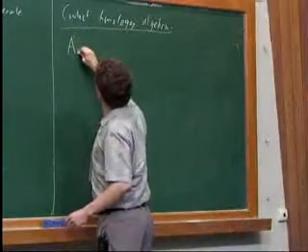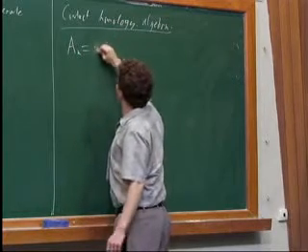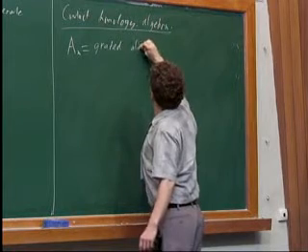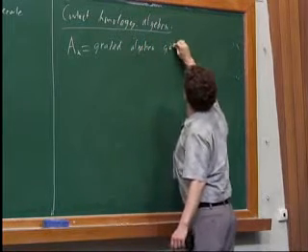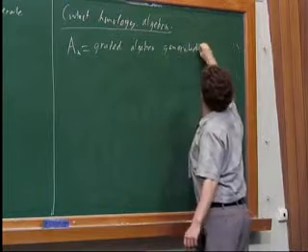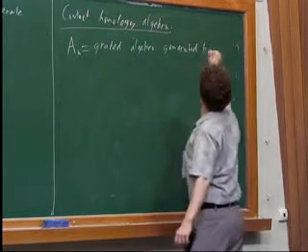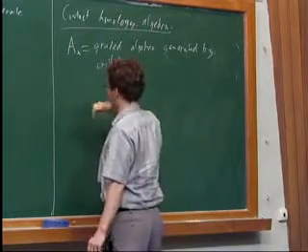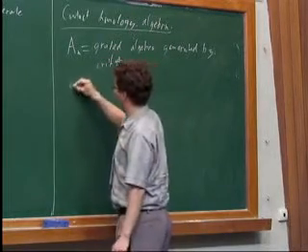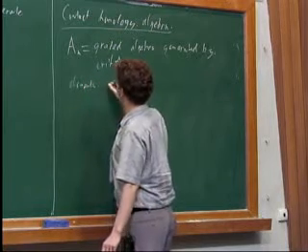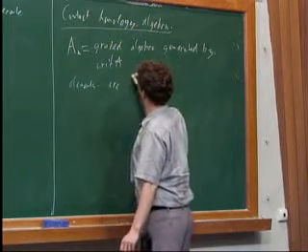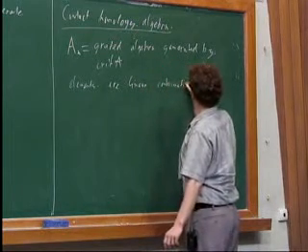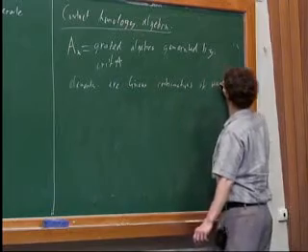So we define A star to be the graded algebra generated by closed Reeb orbits. So elements are linear combinations of products of Reeb orbits.